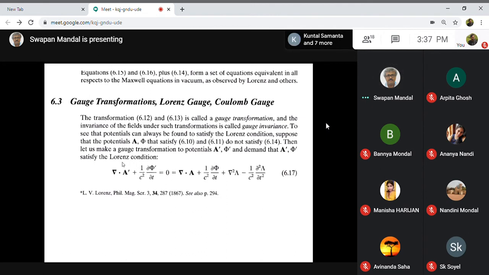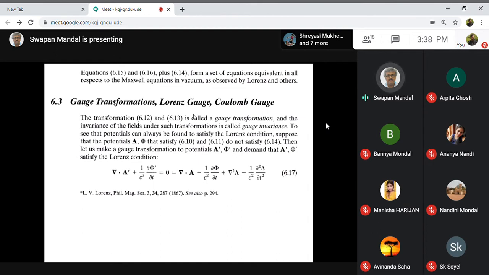This is the basic requirement of the special theory of relativity, that the basic physics is invariant under coordinate transformation. Here also, this is invariant under coordinate transformation. Therefore, this fits within the special theory of relativity.